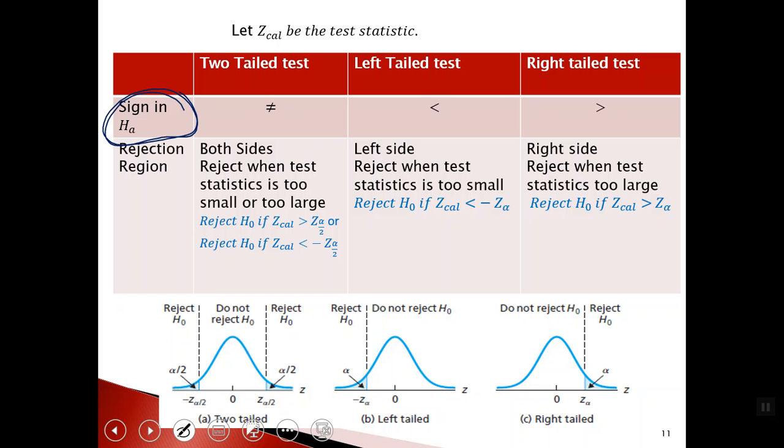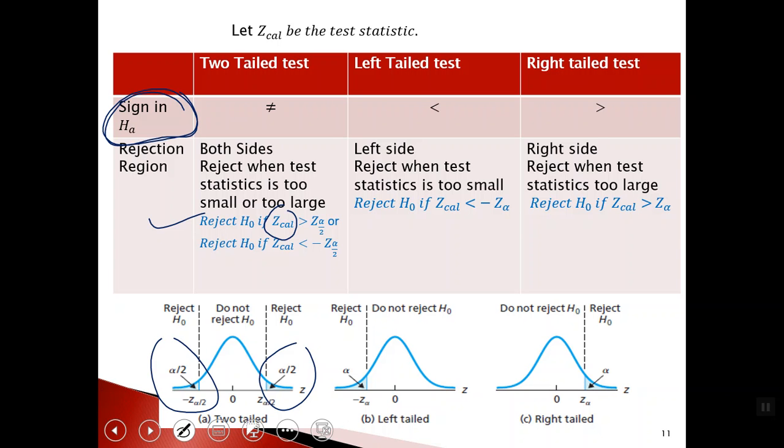For not equal, the rejection region goes to both sides. See in the picture here, on both sides you will have two rejection regions. First one is reject H naught if your calculated value, Z cal, this is how we mention our calculated test statistic value, is greater than Z alpha over 2.